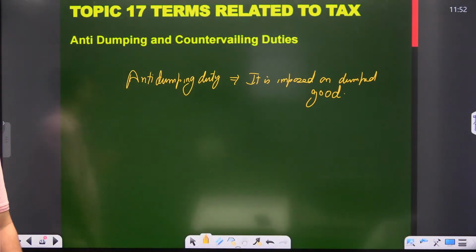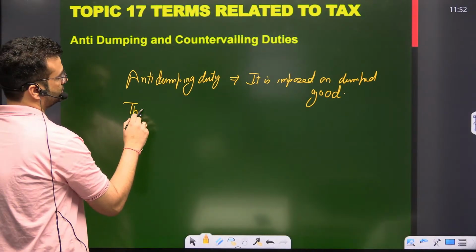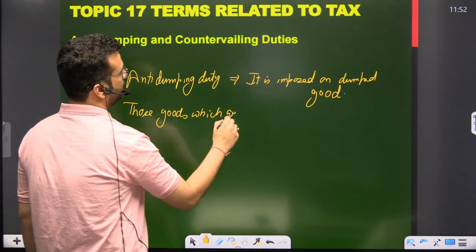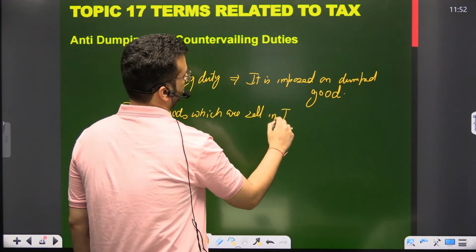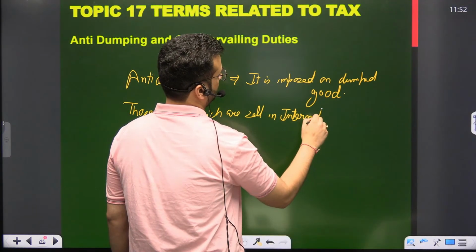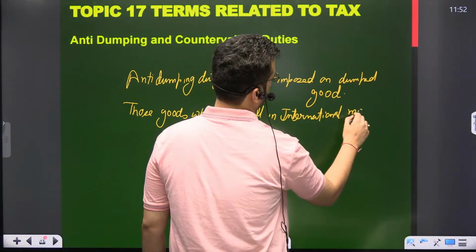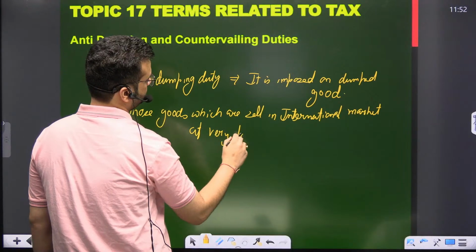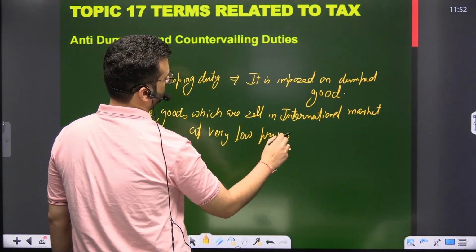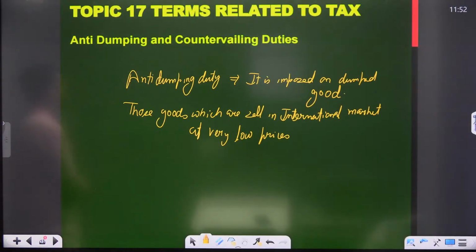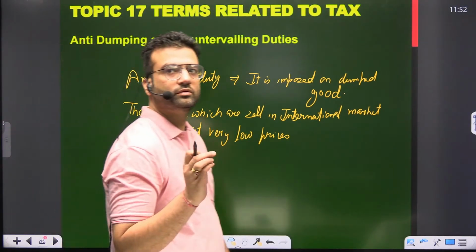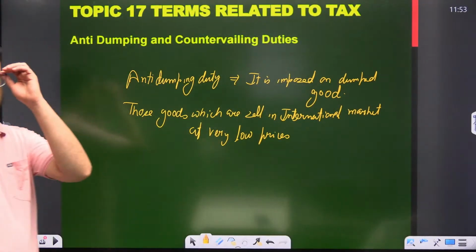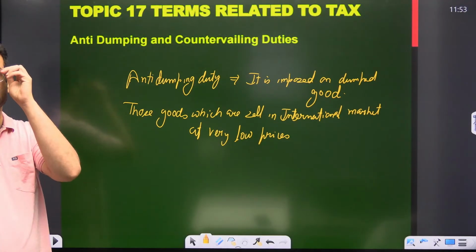Dumped goods means those goods which are sold in the international market at very low prices. When goods are sold in the international market at very low prices, this is dumping.